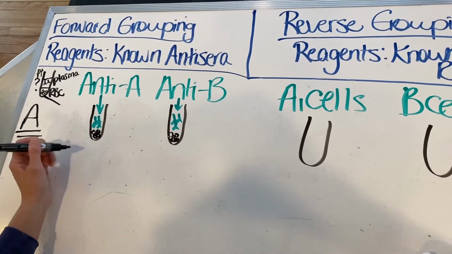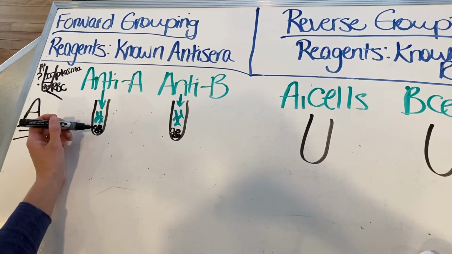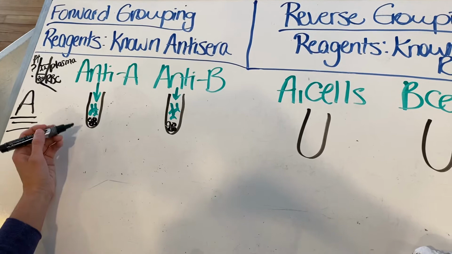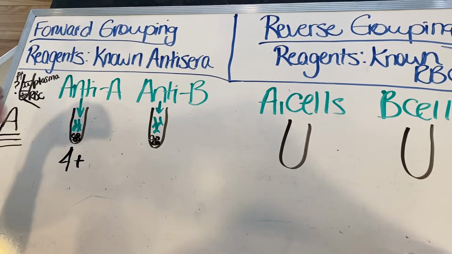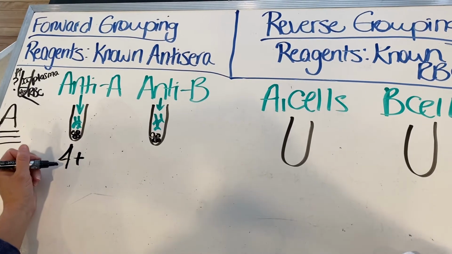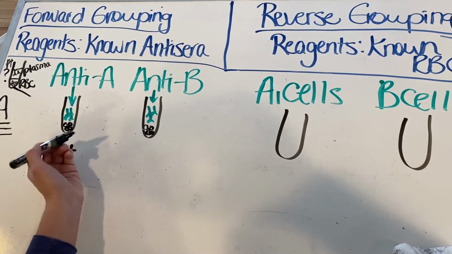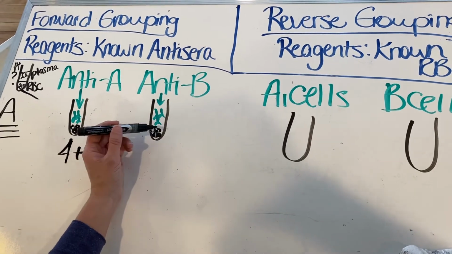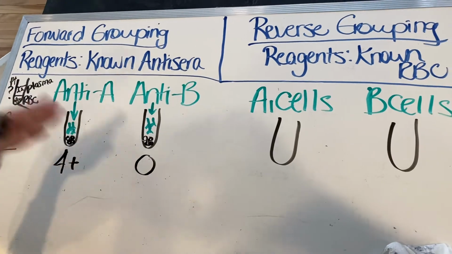So if they're group A, we know that this is anti-A and it's going to react with A antigens on the red cell surface. After a 30-second spin, this is going to be a 4+ agglutination. You're going to shake the tube and you're going to see a 4+ agglutination. And again, if they're group A and you add anti-B to the red cells, are you going to see any agglutination? No, that'll be a negative. So you'll shake your tube and it's going to go back into suspension.